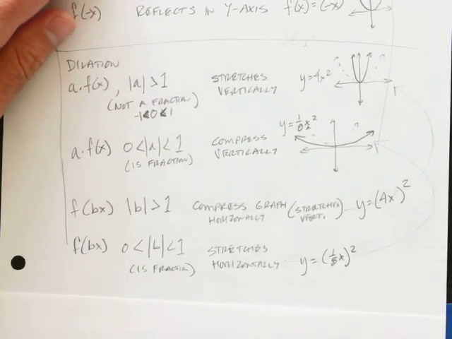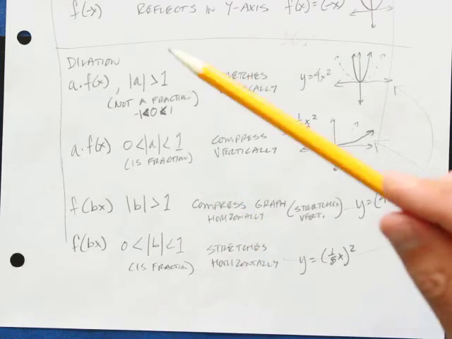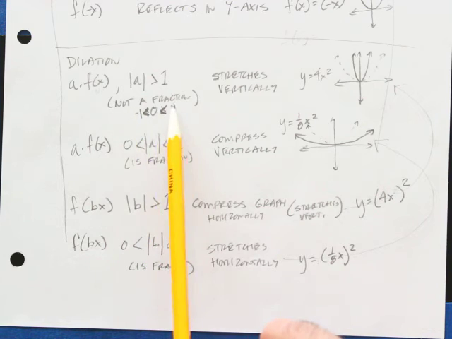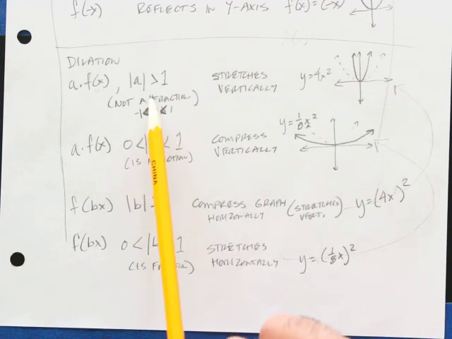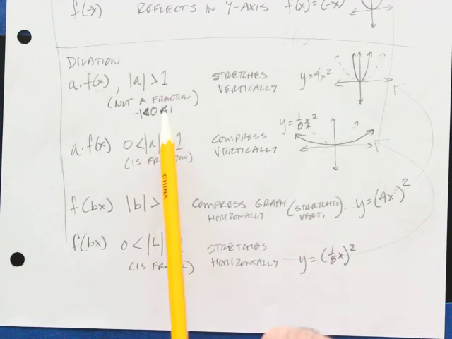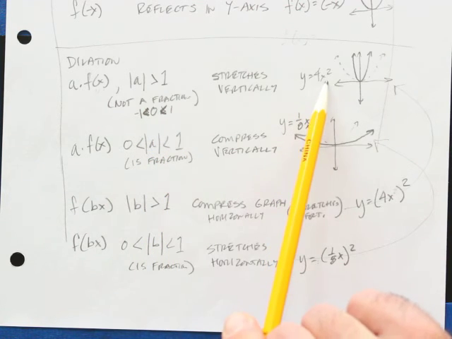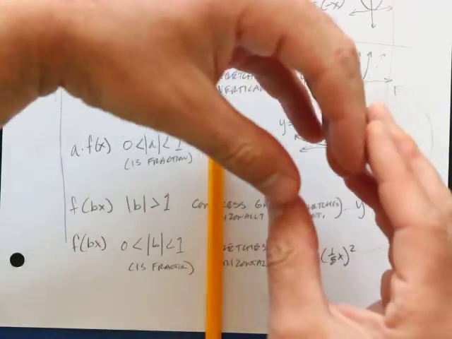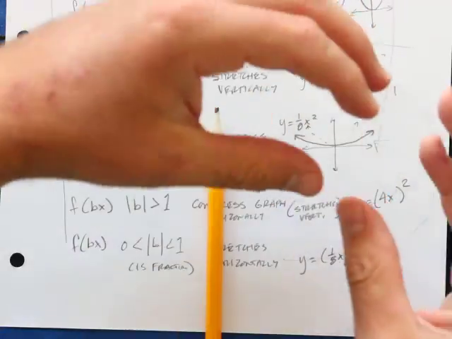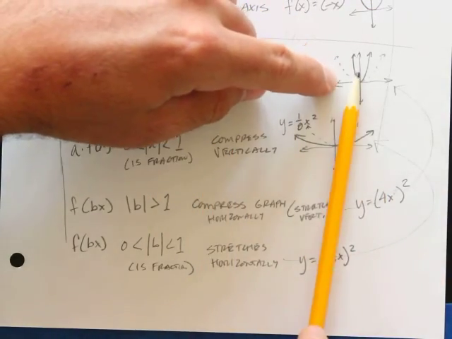And now the dilation here. a times f of x, if a is not a fraction between negative 1 and 1, then it stretches vertically. It stretches vertically, or it squishes horizontally. However you want to say it, it gets taller.